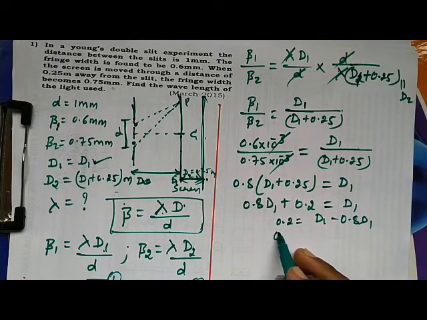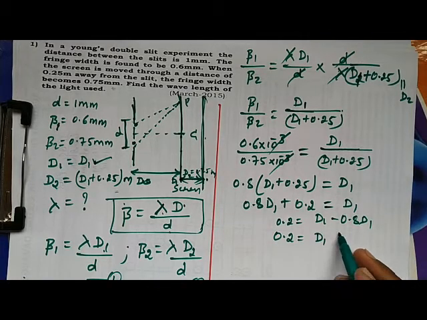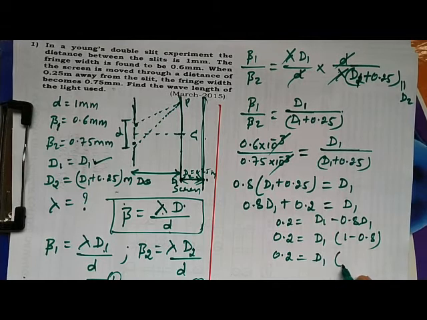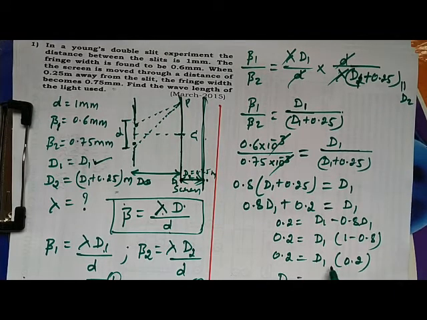Here d1 is common, remaining 1 minus 0.8, so 0.2 is equal to d1 into 0.2. The distance d1 becomes 1 meter.